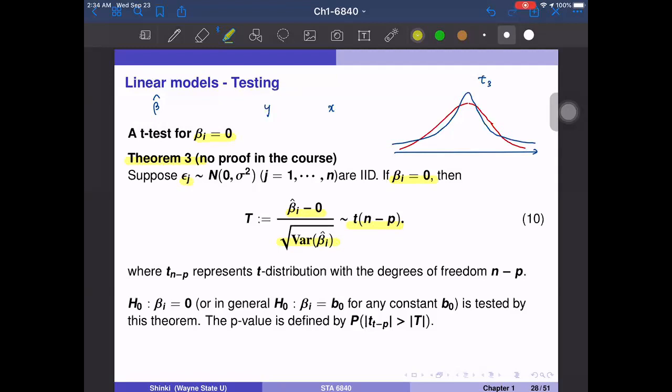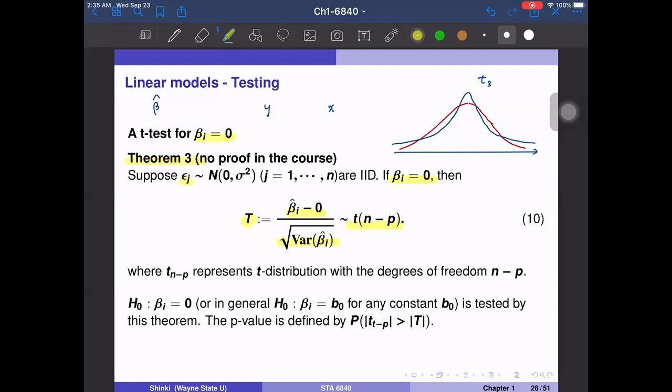Beta i hat and the variance of beta i hat have been estimated in previous videos. So using these quantities, you can construct this statistic T, and this capital T follows a t distribution with degrees of freedom n minus p.